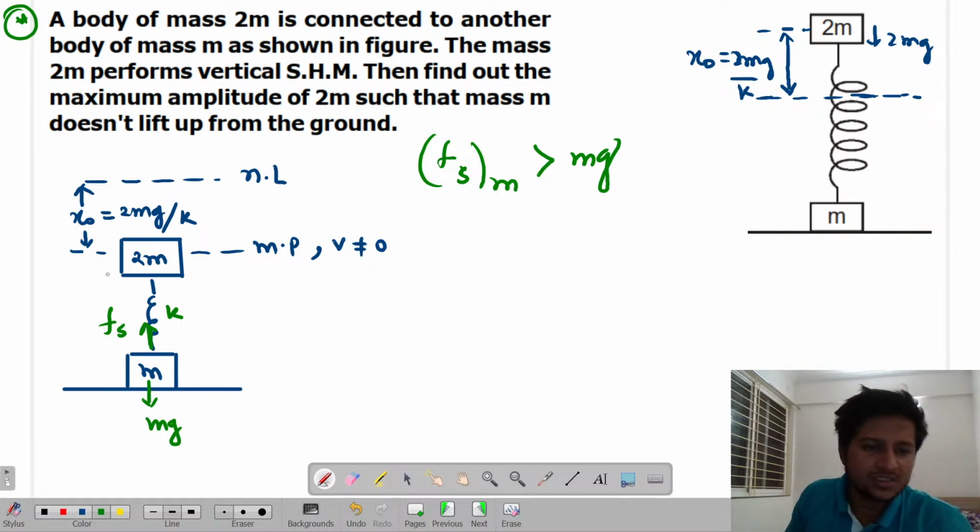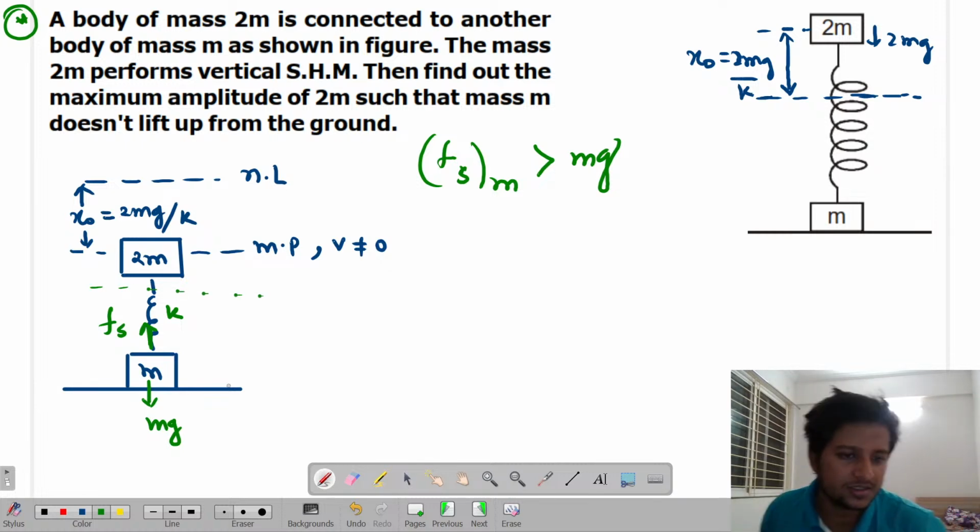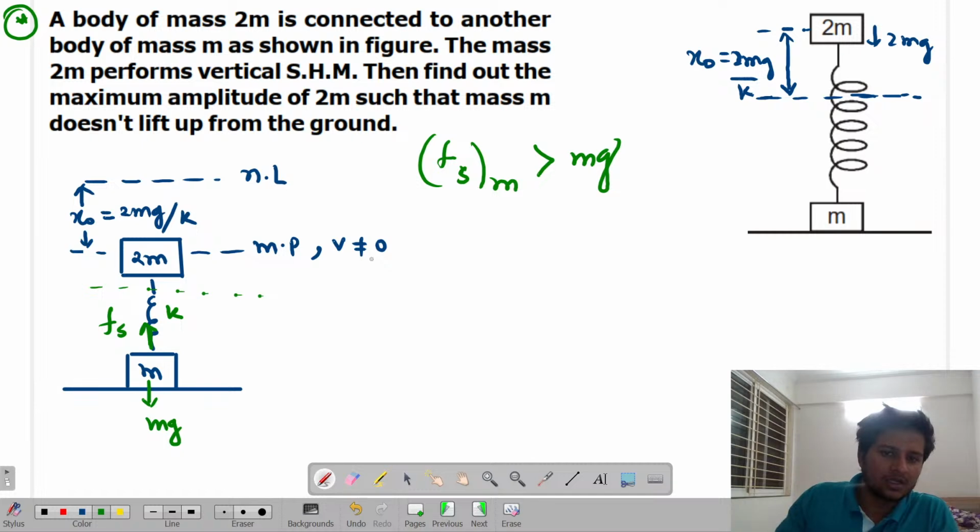Whatever happens, this will get compressed till over here, we don't care about that. But we know that if this mass wants to lift up, then the spring force must be greater than mg. Let us consider the amount of displacement we require from the downward position.